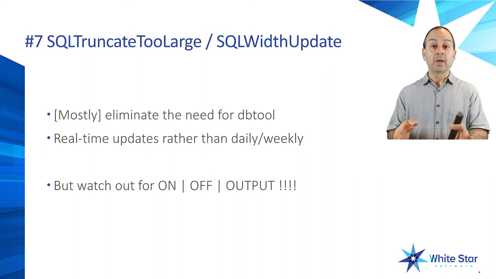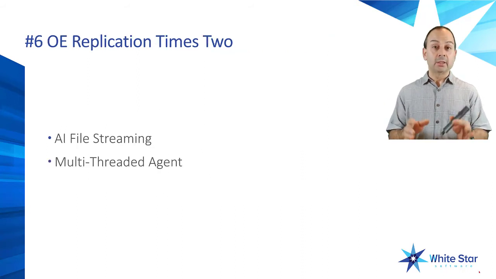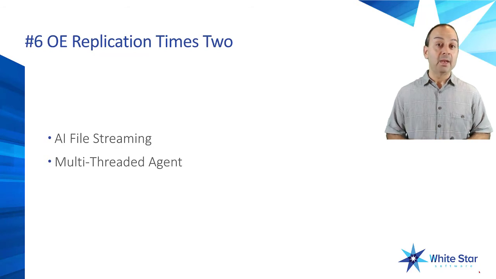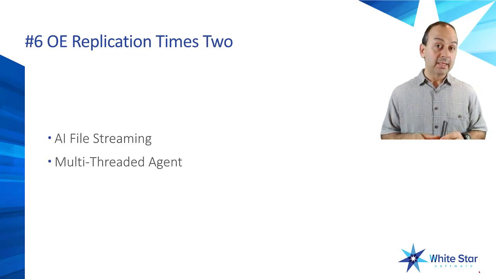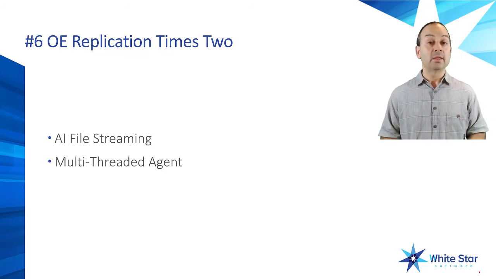All right, so let's go to number 6. Number 6, OpenEdge replication. There's 2 enhancements that came in version 12. Again, really excited. I haven't implemented these yet, but really excited about these and using these in production. And the first one is AI file streaming.